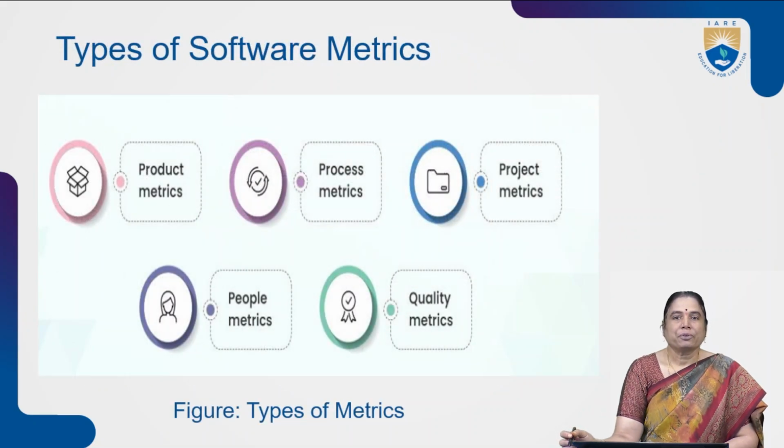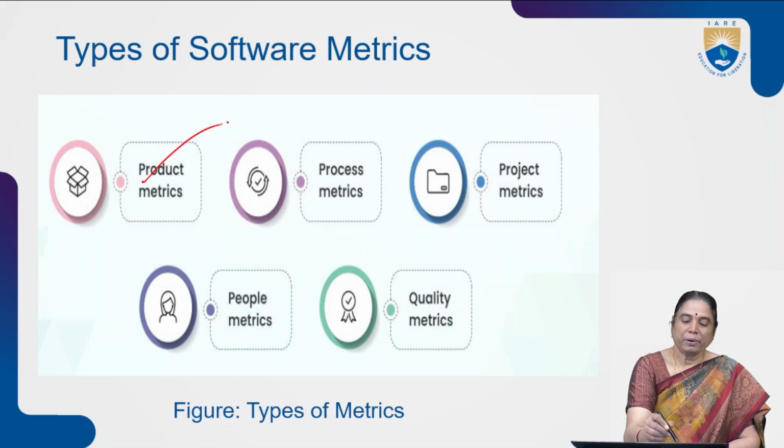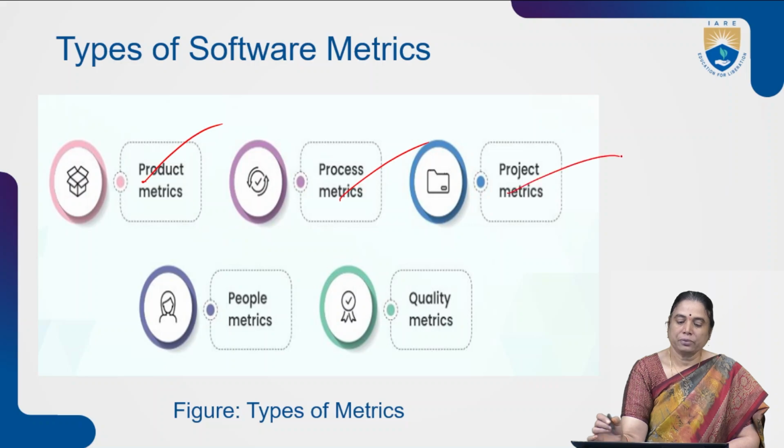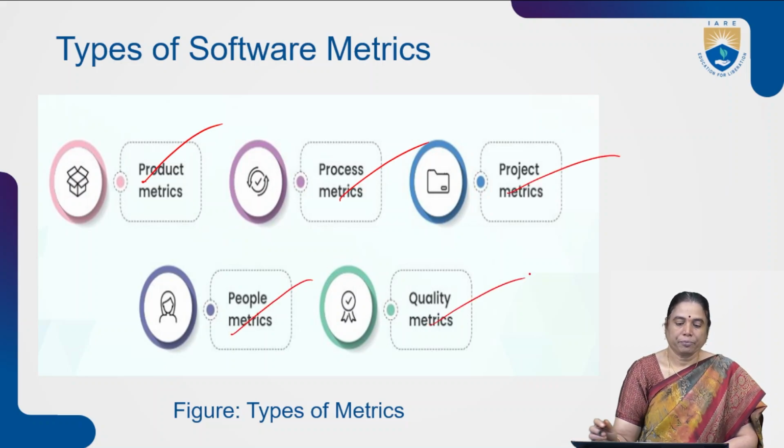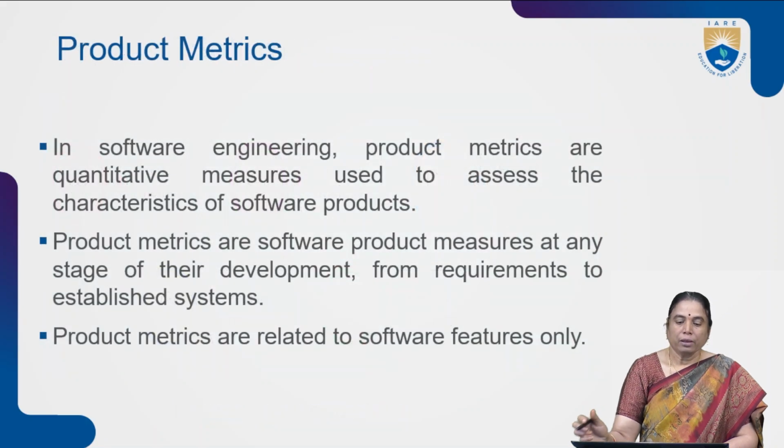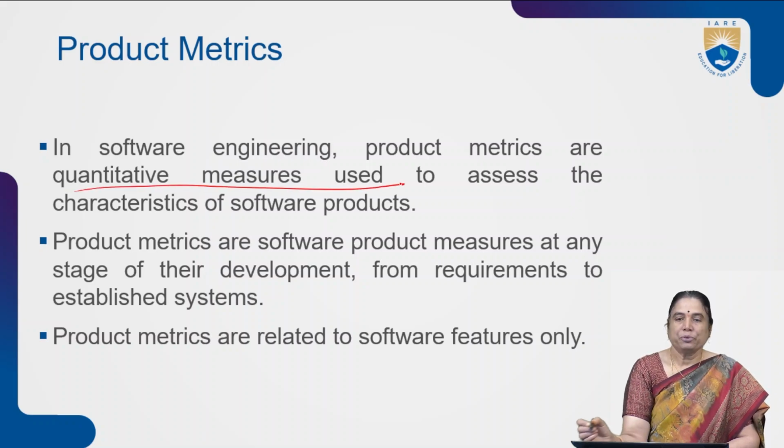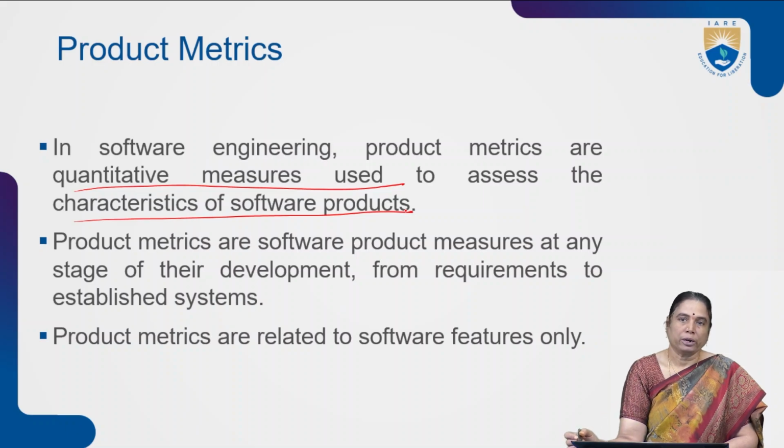The types of software metrics generally used are product metrics, process metrics, project metrics, people metrics, and quality metrics. Product metrics are quantitative measures used to assess the characteristics of software products.